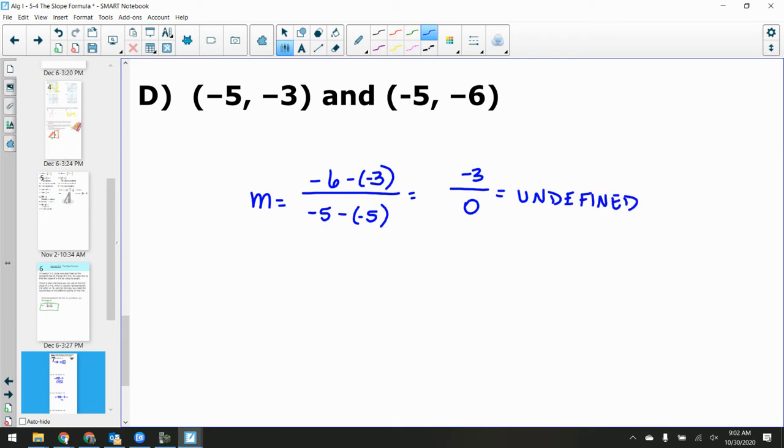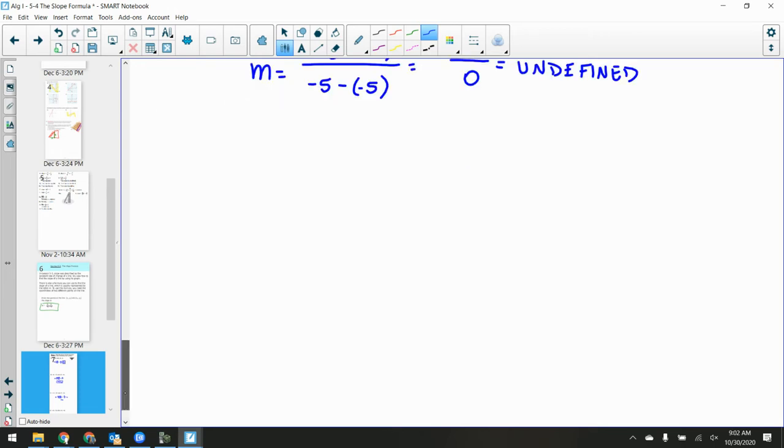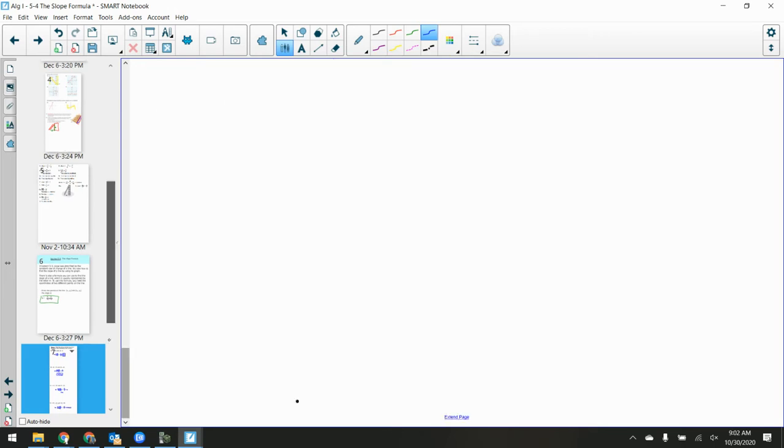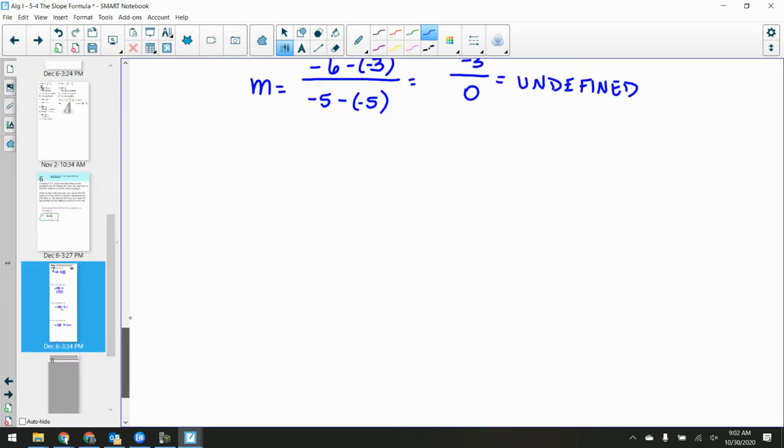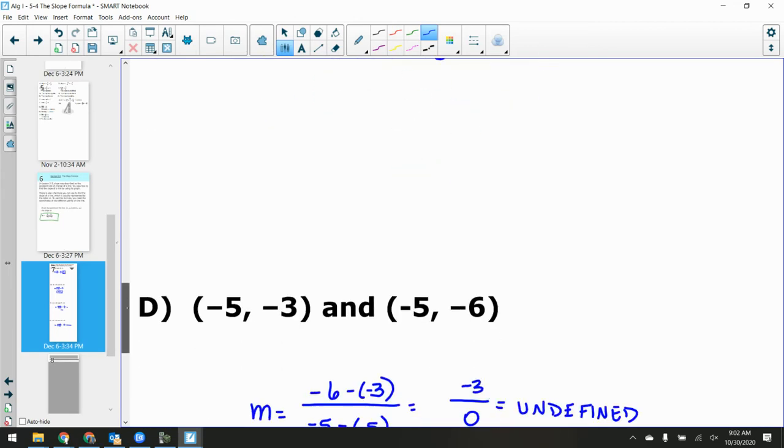So what does that tell me about this line? It's vertical. I thought you were going to say it's straight. It's vertical. Does that make sense? Okay, so that's if I'm given 2 coordinates, just plugging it straight into the formula.